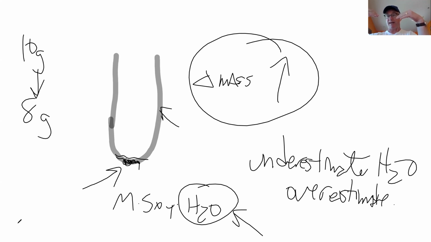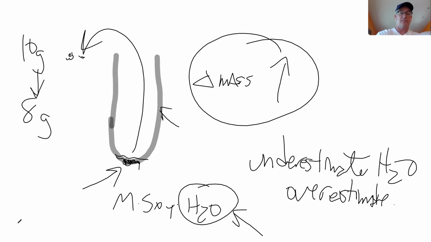If I heat it too quickly, I get steam forming underneath my solid. And then when the steam bubbles up, it ejects some of the solid sample out. So when that happens, am I going to overestimate or underestimate the amount of water present in my sample?